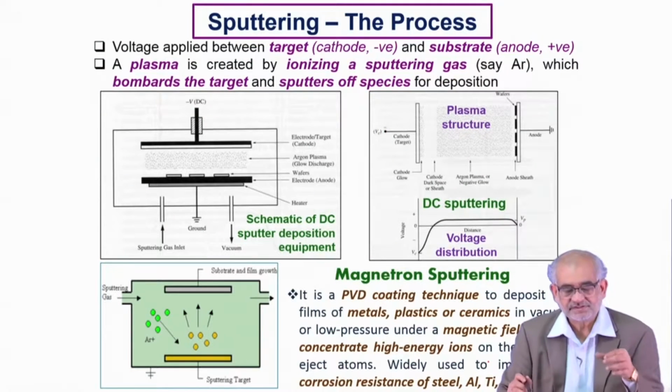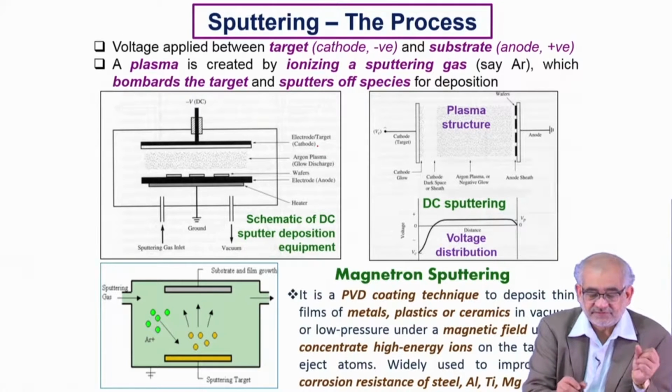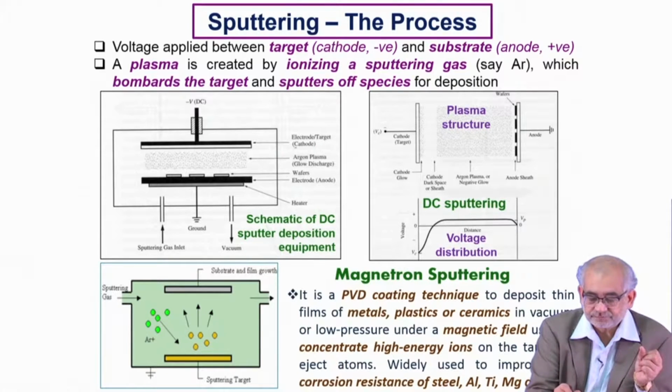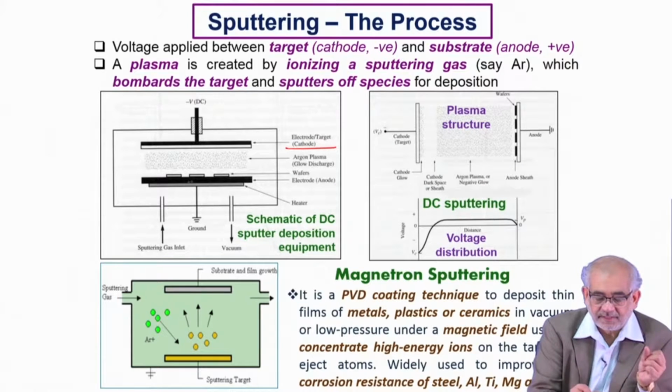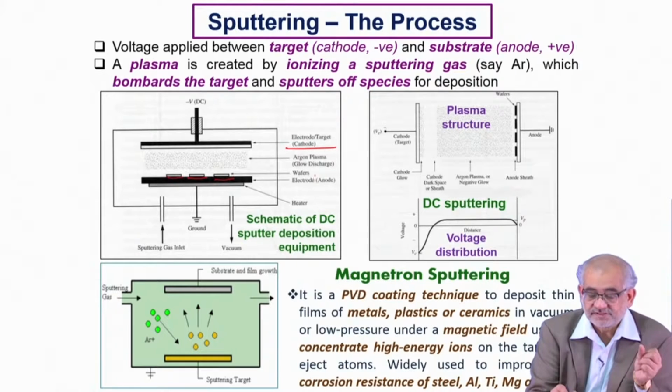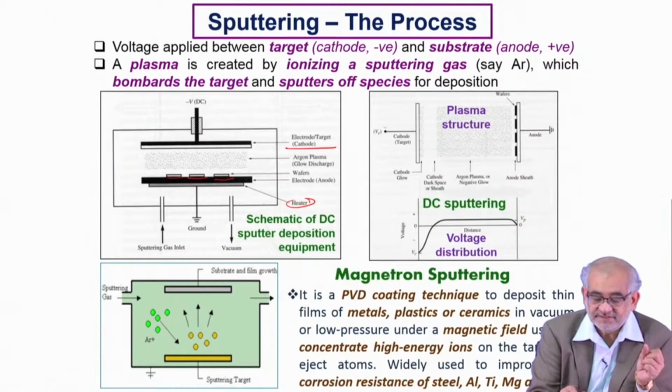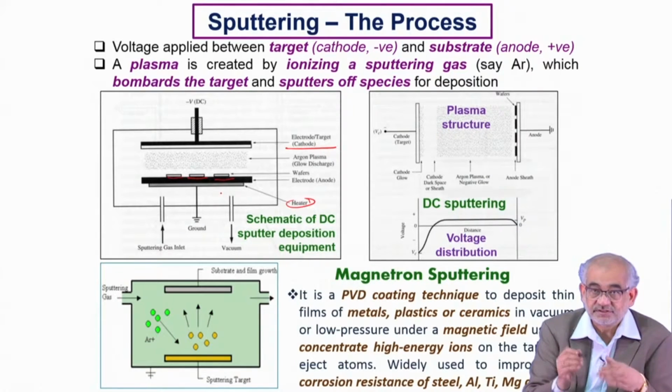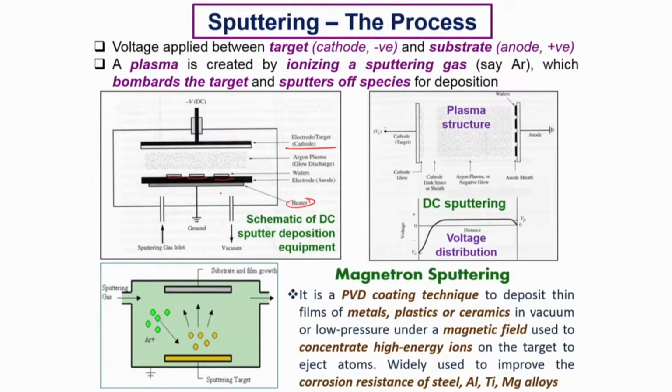Anyway, the typical process would require, as I was saying, that this is the target, and these are the components on which you are depositing, say, for example, silicon wafers. You may have an auxiliary heater here, which allows certain diffusion of the deposit and the substrate below, and in the process the sharp interface can be replaced with a fairly diffuse interface with a better bonding.